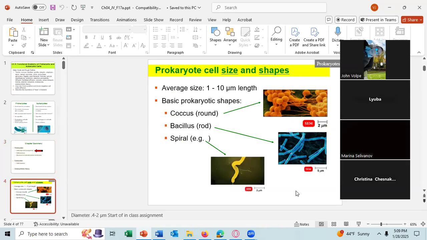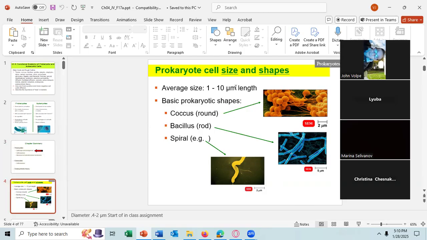All right, talking about prokaryote cell size and shapes. The average cell of a prokaryote is about 1 to 2 micrometers, but you can have them smaller, down to about 0.4 micrometers. They go smaller than that, but there's a question about cells smaller than 0.4 micrometers, if they're even viable, that they may divide, but after division, those small cells die.